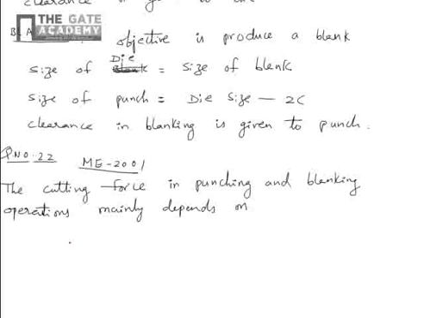Modulus of elasticity relates to linear stresses, bulk modulus is volumetric stress, and yield strength is linear stress. Only shear strength is for shear stress. So the answer is B, depends on the shear strength of the material.